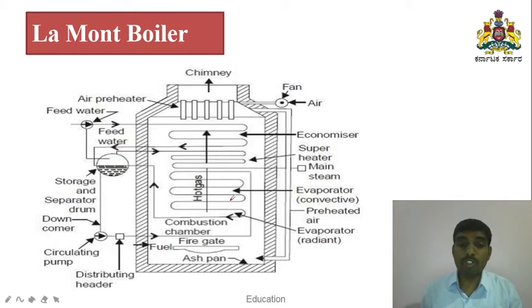You can call this a convective evaporator, and this a radiant evaporator. The combustion chamber has a fire grate, so the actual combustion will occur there. The fuel will be supplied from the fuel door.